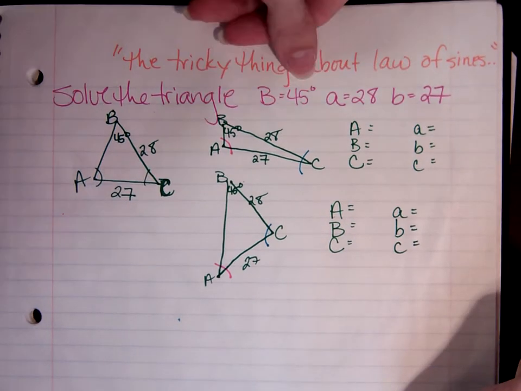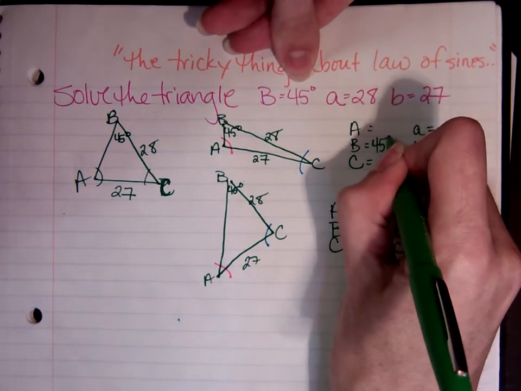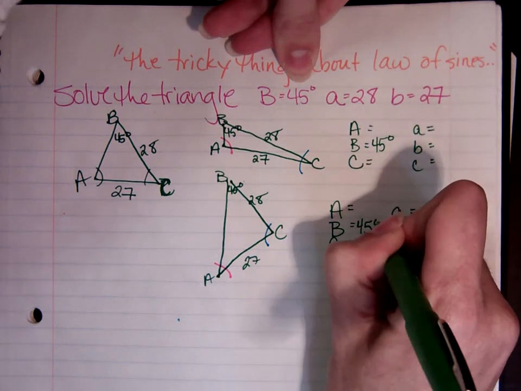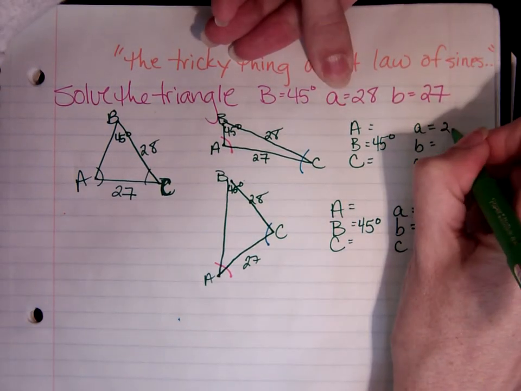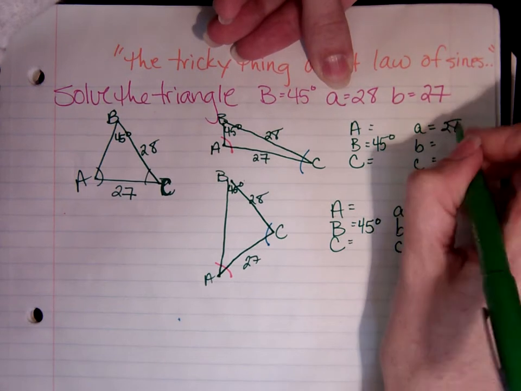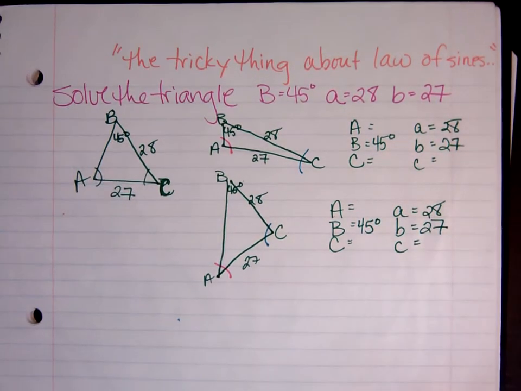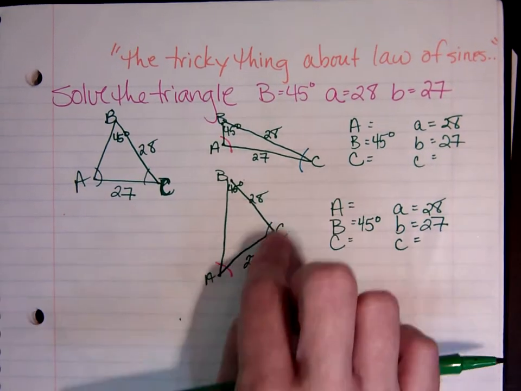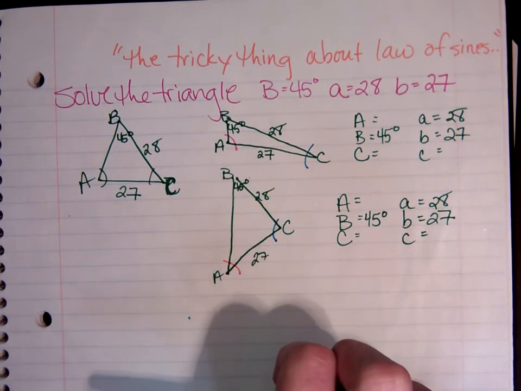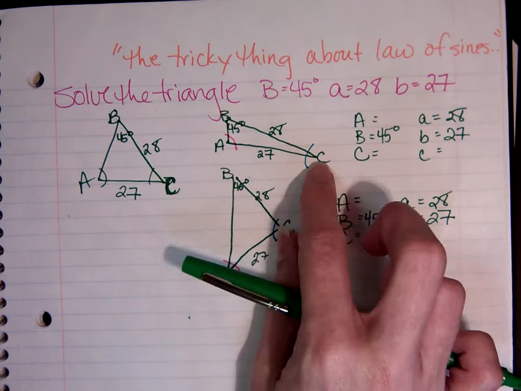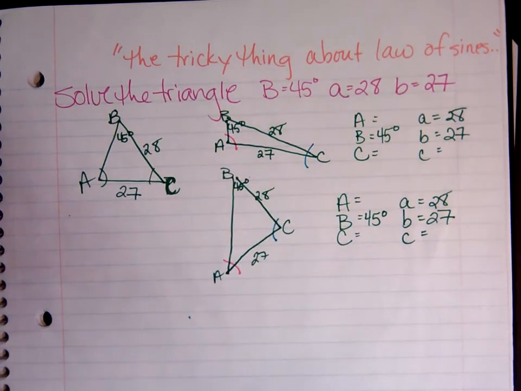Now they both, B is always going to be 45. a is always going to be 28. And b is always going to be 27. But when I solve for one of these other angles, I need to come up with both of them. Well, how are we going to do that?